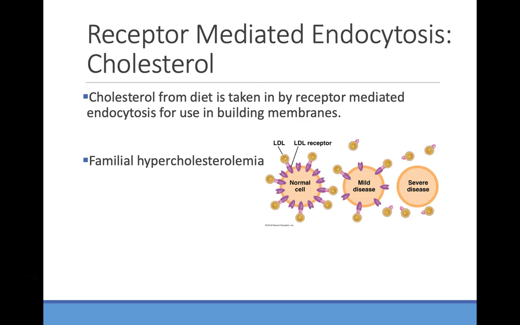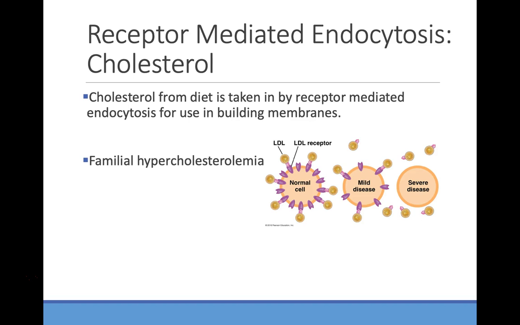An example of this is cholesterol in the diet. Cholesterol is important in the plasma membrane. It's important to be modified and turned into a hormone. And so the cell actually needs to bring in these molecules. It needs to specifically bring these in to be used within the cell.